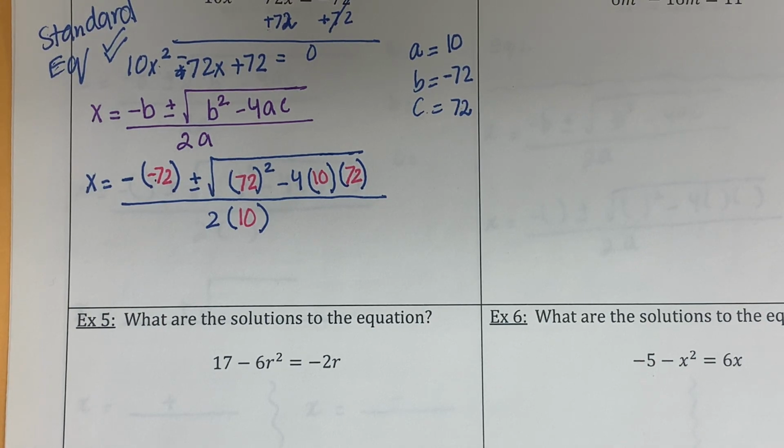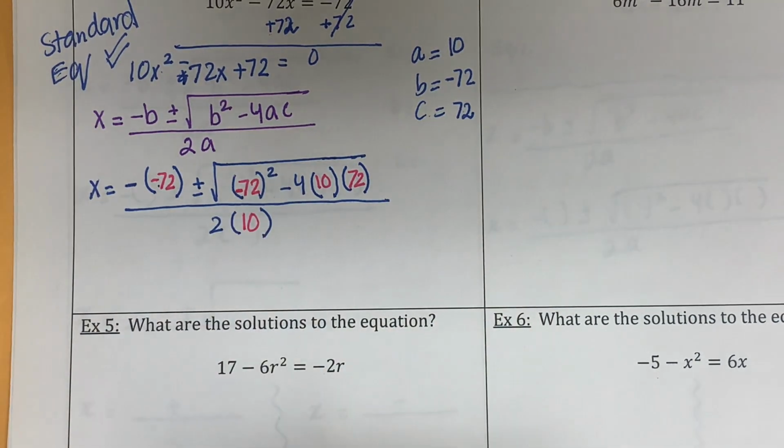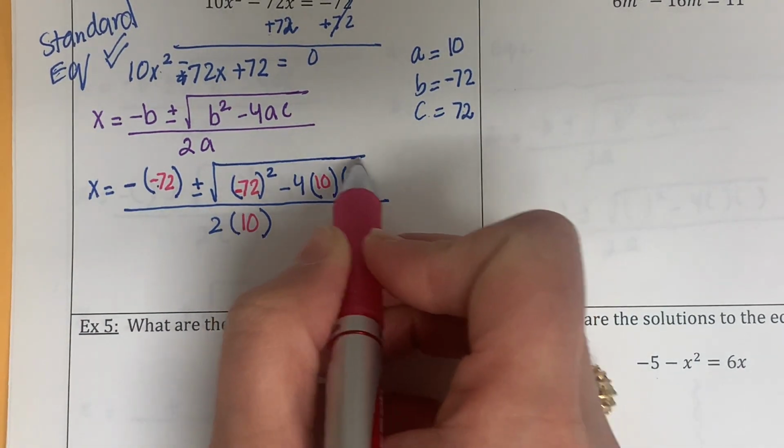Okay, it took me a while. This is B, it's minus 72 here. So I simplified this part in the calculator.